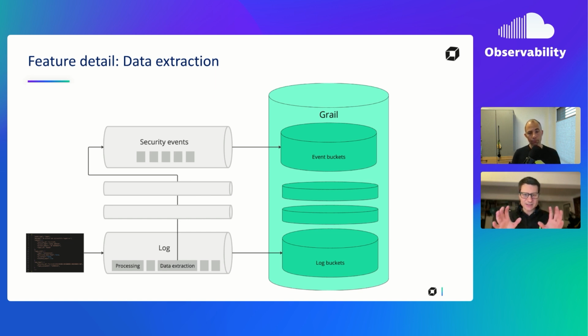You have compartmentalized there. So logs stay logs, and security events stay security events. You might have different retention times. You might have different access patterns for those. Our apps are, of course, optimized to analyze. And it also makes your query cheaper because you don't have to sift through terabytes or even petabytes of log lines. You can just search through a much smaller set of security events. That's the power of data extraction here.